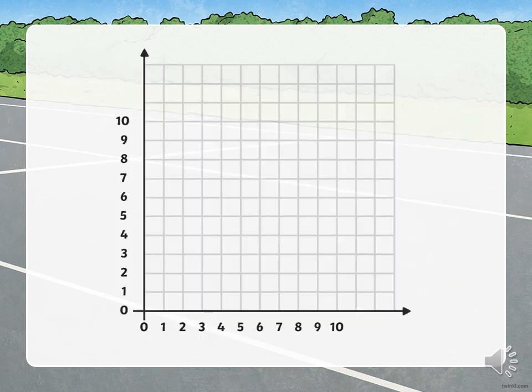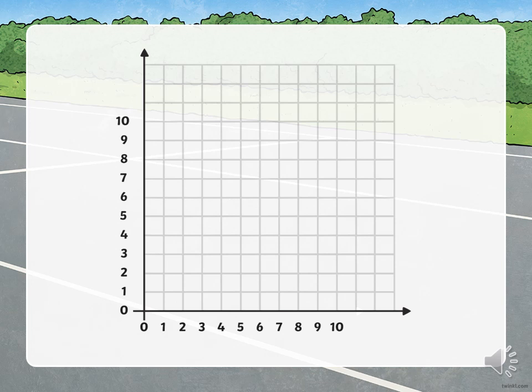Before we move on, let's do a quick warm-up to see if you remember all the things in a grid. What do you think the bottom line, where you see the bottom arrow going towards your right, is?